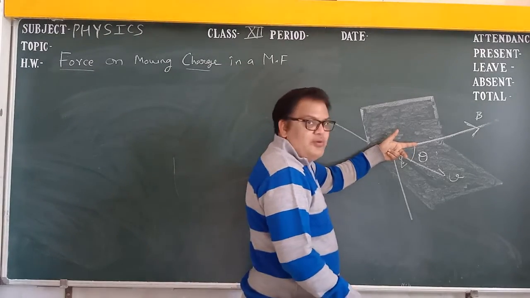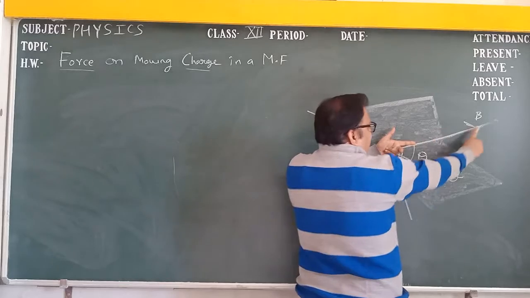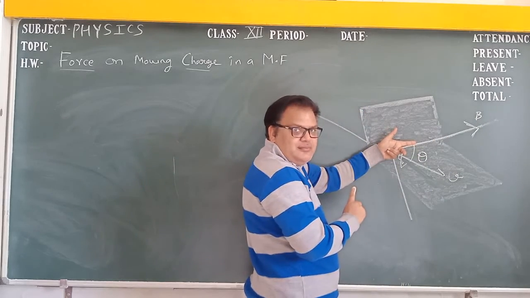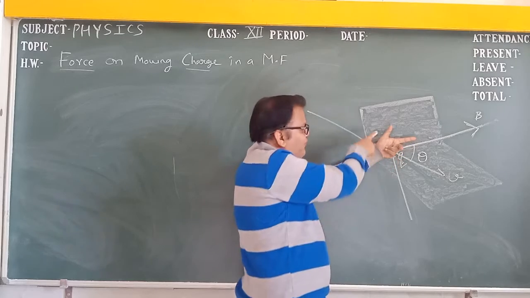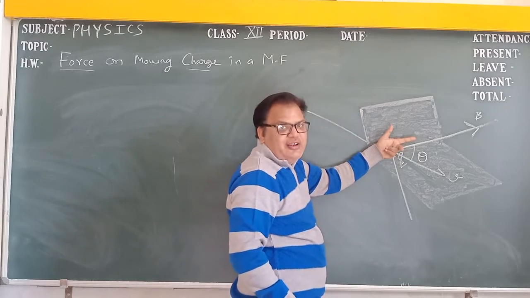Look here. Here is the magnetic field and this is the velocity. Then the force is in this direction.